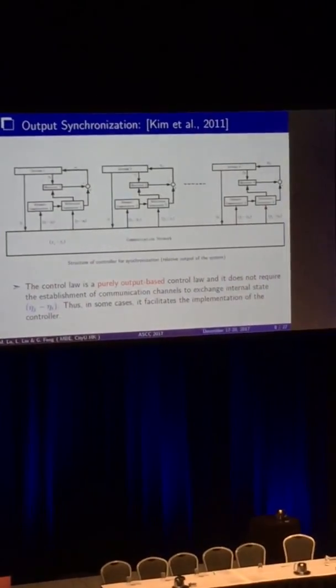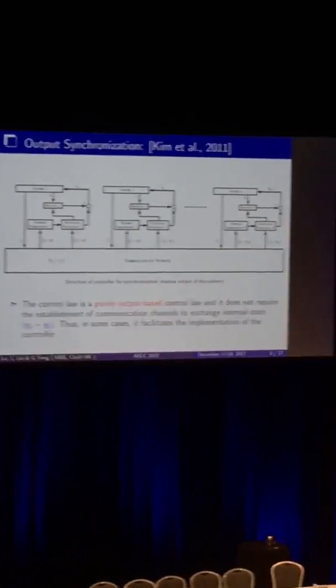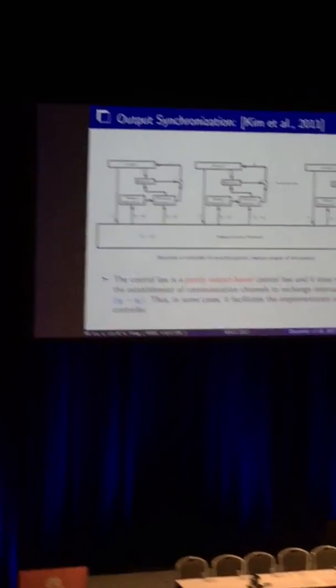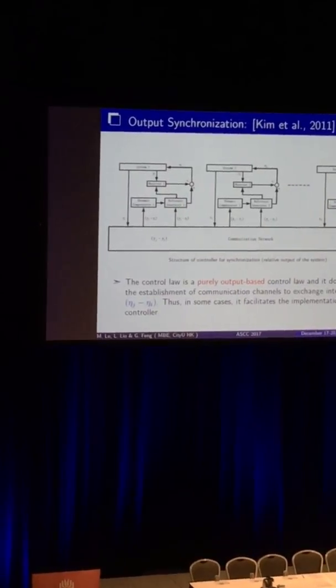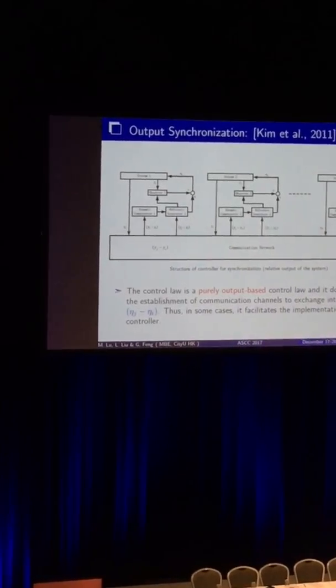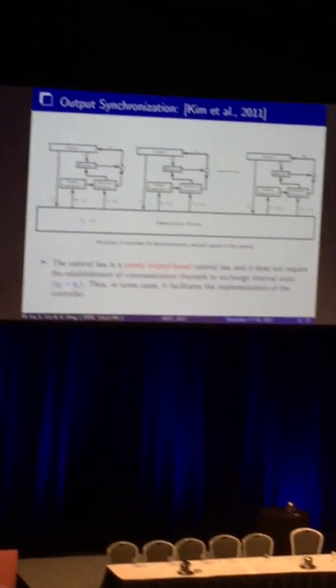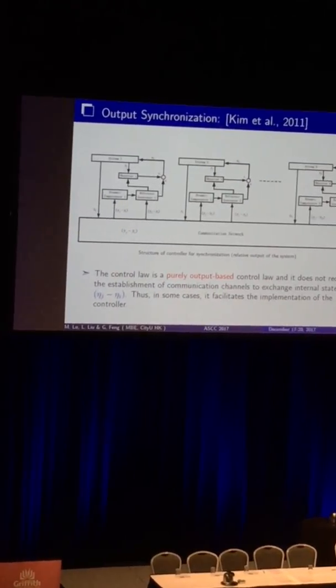for auxiliary stabilization. The salient feature of this controller is that it is a purely output-based controller and does not require the establishment of communication channels to exchange internal states. Thus, in some cases, it facilitates the implementation of this controller.